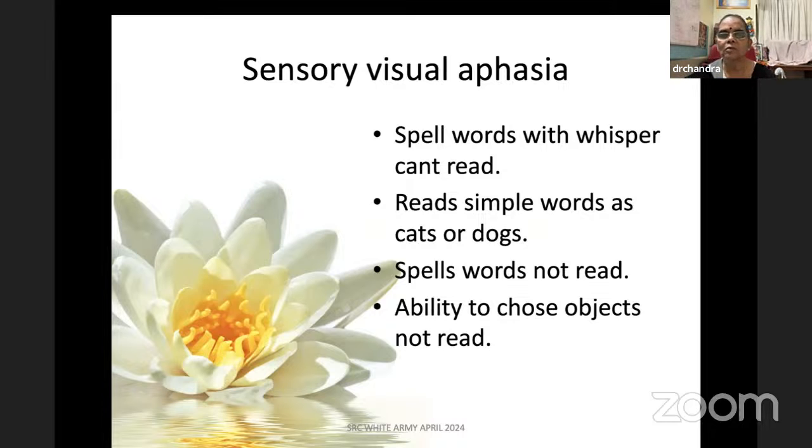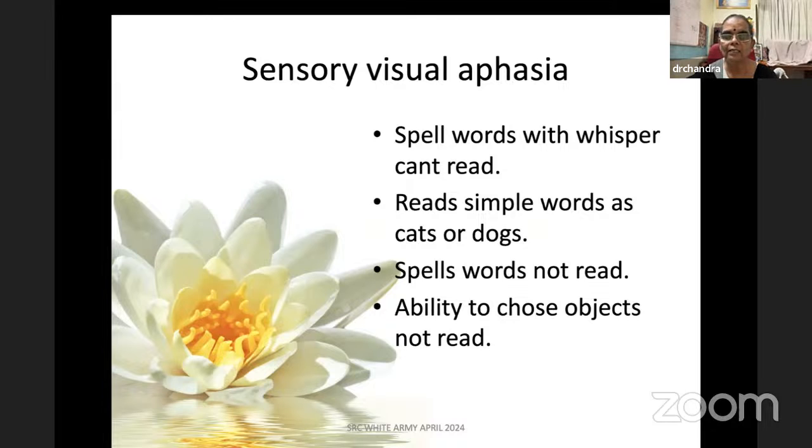So sensory visual aphasia. What is sensory visual aphasia? They spell words in a whisper. They cannot read loud. They read simple words like cats or dogs. But they can spell words which are not read. You tell them to read an apple, they don't read.